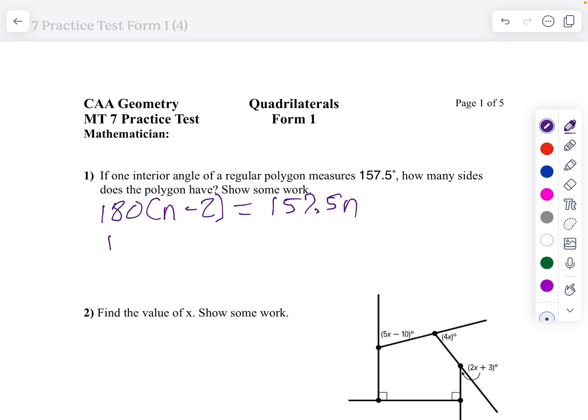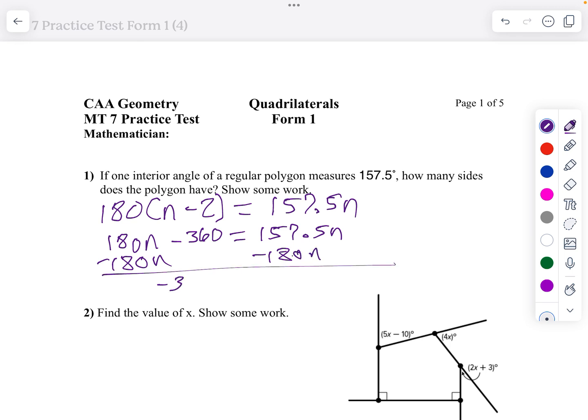So we get 180n minus 360 equals 157.5n. Well, let's solve that equation. Let's subtract 180 from both sides. So if we take 157.5 minus 180, we get negative 22.5.